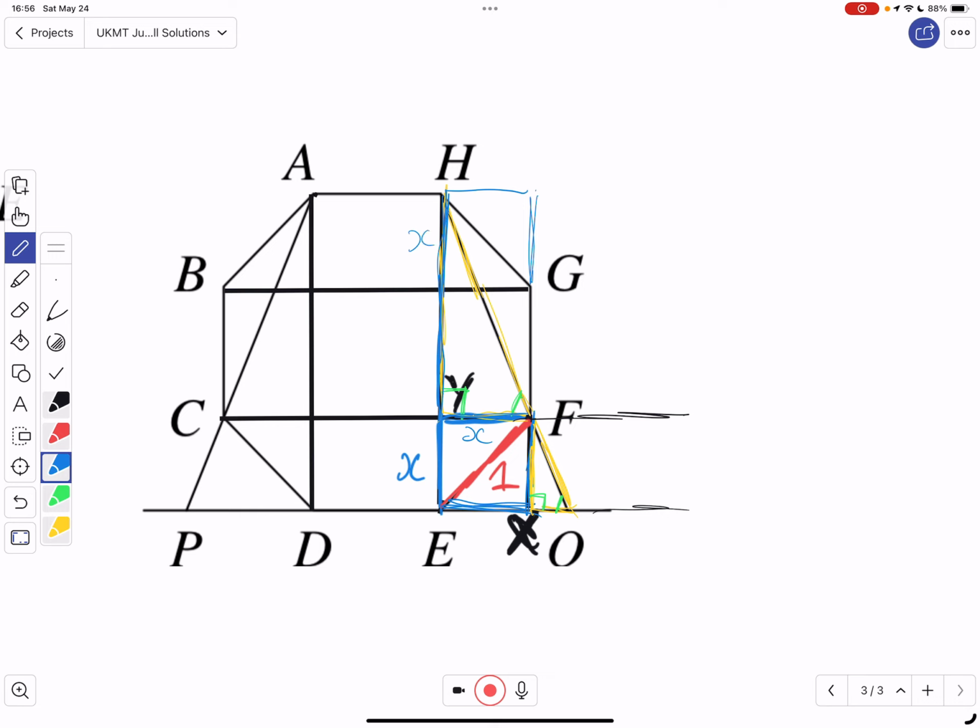So this is x and this is 1 because it's one side of the octagon. So the whole side length of this is 1 plus x. That's amazing. Now we're not going to be working out this edge. Don't worry, we're not going to be doing that much algebra. But we're going to be observing this one.